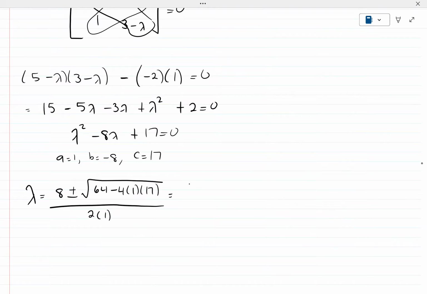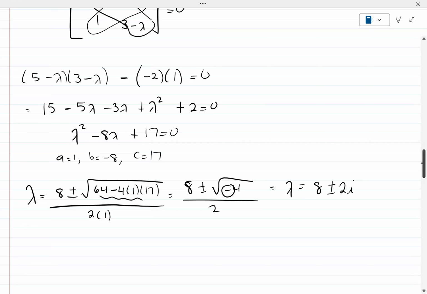When you do the work, you can put this in the calculator, and you get 8 plus or minus the root of negative 4, all over 2. As you can see, you can't have a negative in the radical, so you get an i. Simplifying, lambda equals 8 plus or minus 2i, all over 2. And when you simplify this, you get lambda equals 4 plus i, or lambda equals 4 minus i.